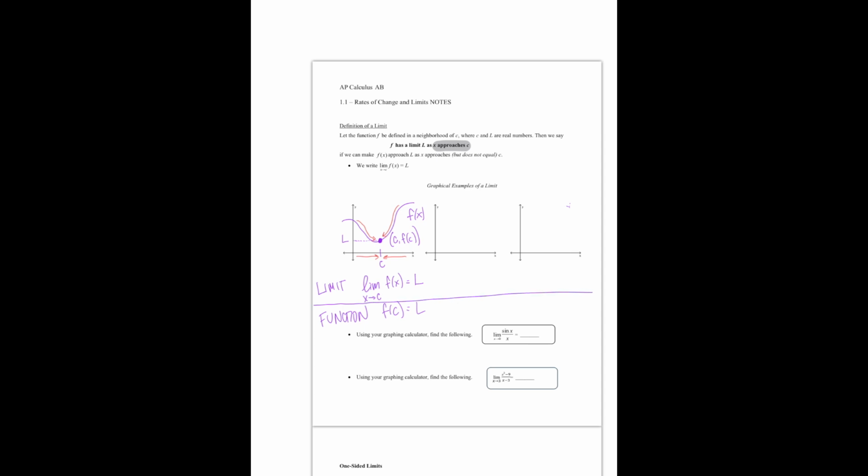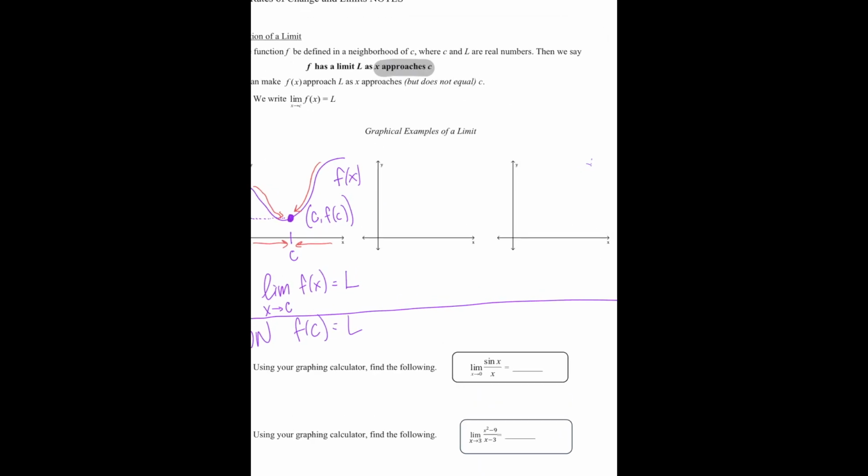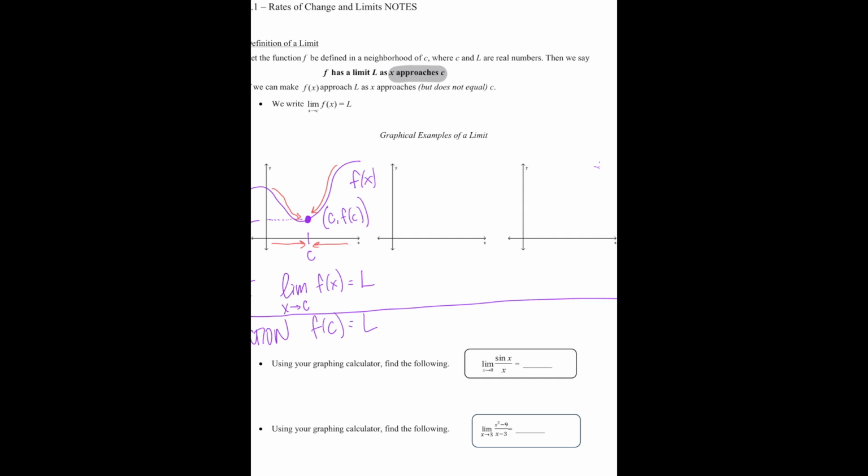Okay, I'm going to draw a different example. So let's look at the middle guy. Okay, so I'm going to draw this function. All right, so here at c, this is the ordered pair. When you put c into this function, that's what comes out up here, up at the top. It doesn't exist here. That's an open hole.